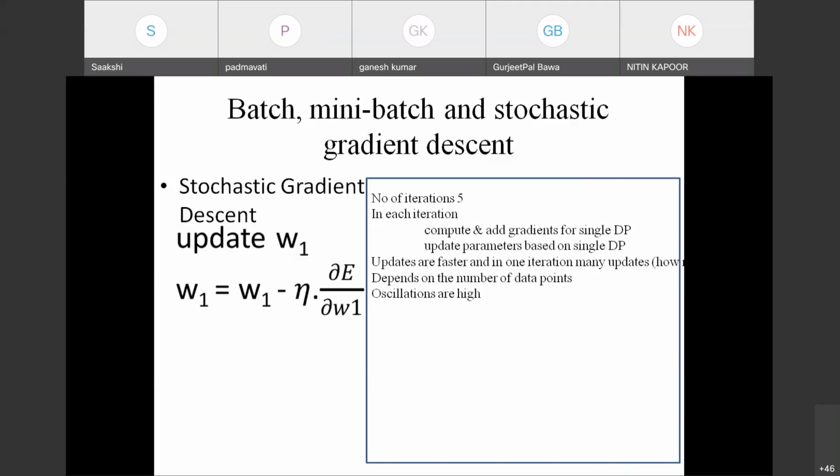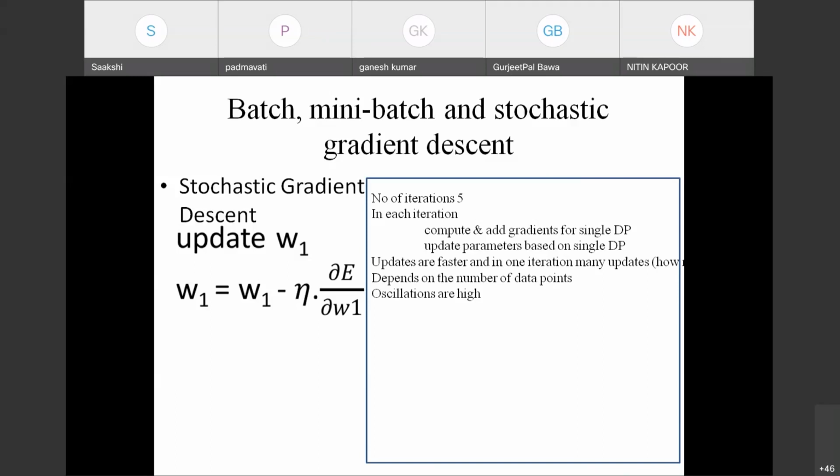What if, instead of taking one single data point for an update, or taking all n data points for an update, we take an intermediate value? Stochastic gradient descent takes one data item for the update, whereas gradient descent takes n data items.